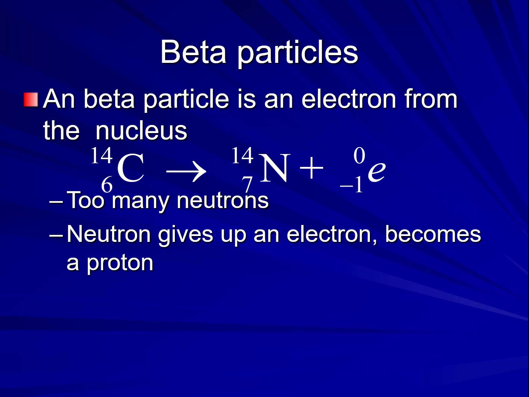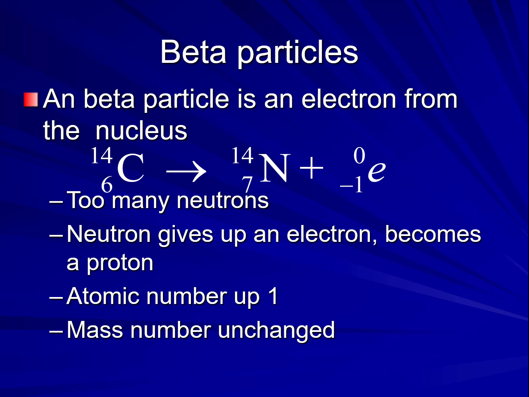Okay? So every time I do this, the atomic number has got to change, and it's going to change by going up 1. And the mass number is going to stay unchanged. So carbon-14 turns into nitrogen-14.